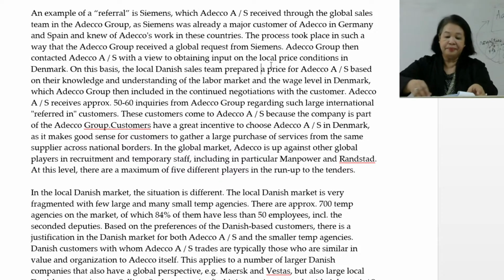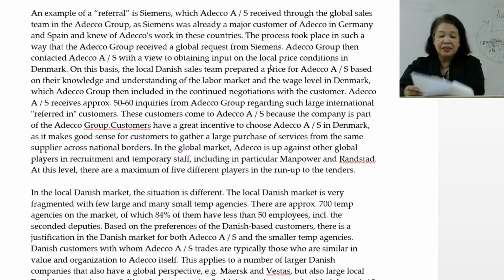Ilang oras na? Kasi tapusin ko ito ngayon eh. 15 minutes. So, 45 minutes pa. Okay. Sige.